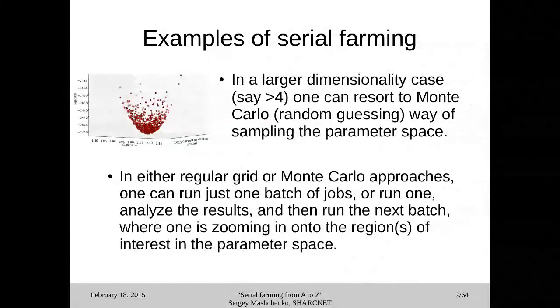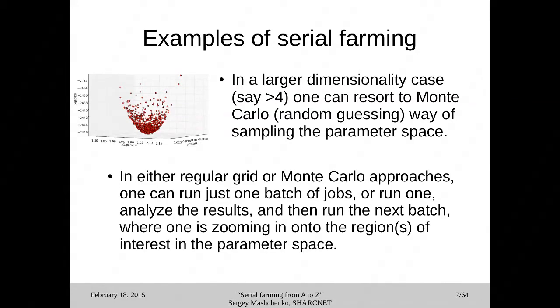Okay, if you have even more than 4 dimensions, things get even more difficult. And what typically is done, you do a sort of random guessing way of trying to feel your way towards some global solution or global minimum or maximum. And that's called the Monte-Carlo approach. Either way, regular grid or Monte-Carlo approach, you can just try to get your answer in a single batch of many independent jobs, which is often quite an inefficient way of getting an answer.